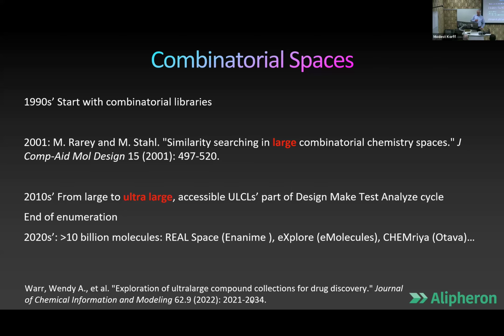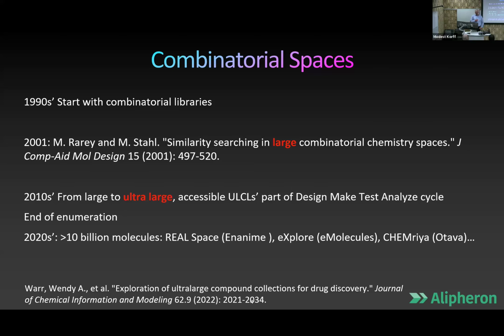In the 2010s, the libraries grew from large to ultra large, and they became more professional, accessible. Ultra large combinatorial libraries became part of the design, make, test, analyze cycle and drug discovery. So they became a part of drug discovery. And also what we observed there is that there was an end of enumeration because it became just too many molecules.